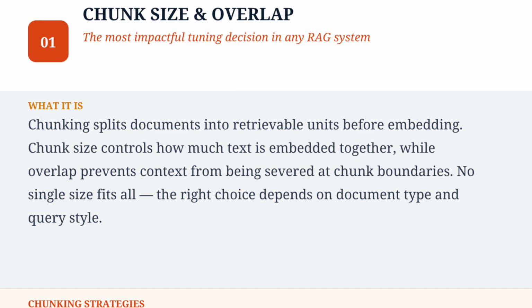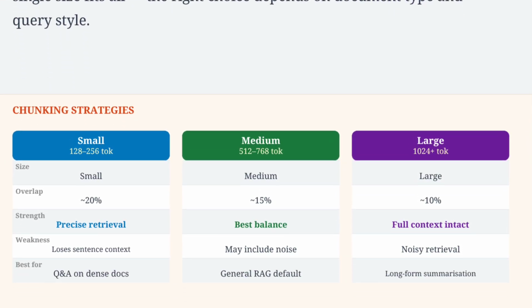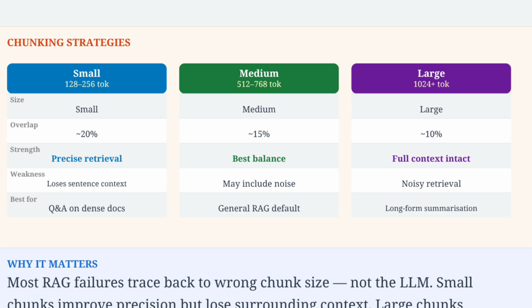The medium chunk, like 512 to 768 tokens, is the most common production length. That is the best balance for general use. And overlap: around 20% for a small chunk, and a large chunk can get by with about 10%.